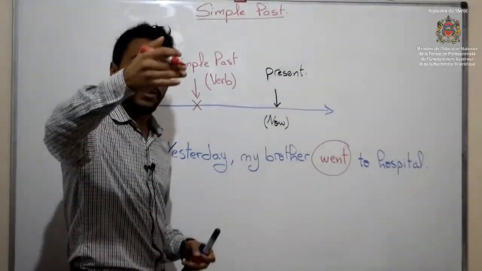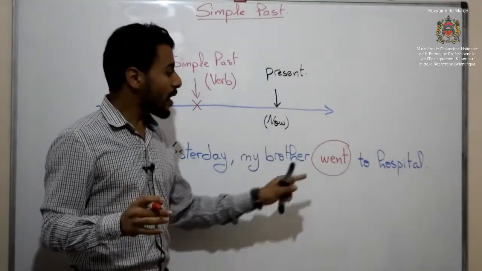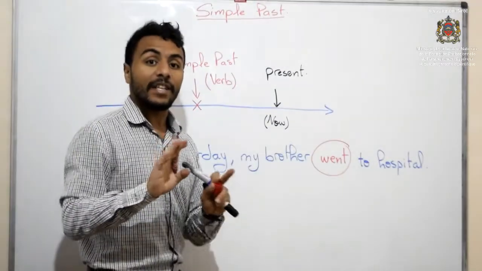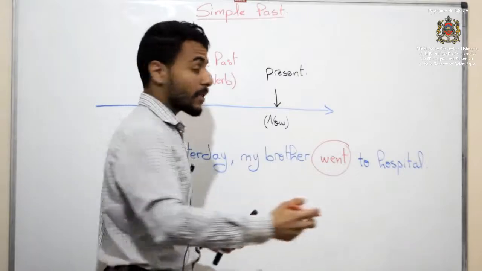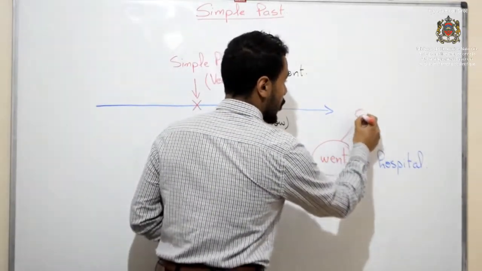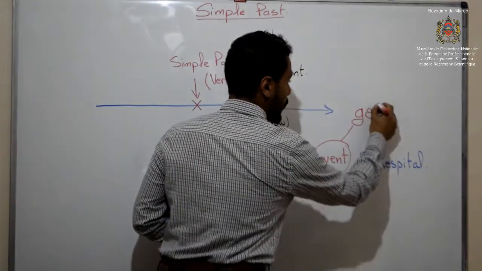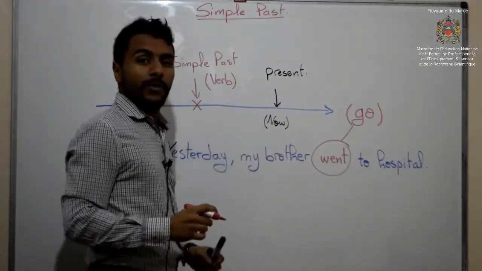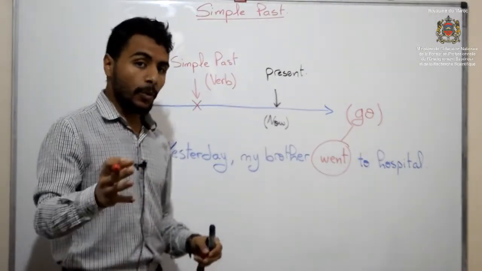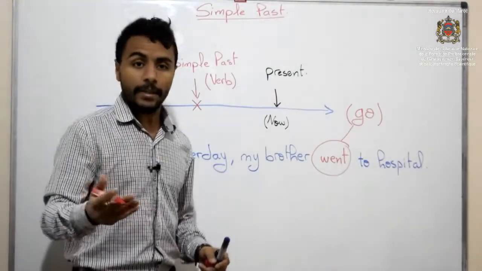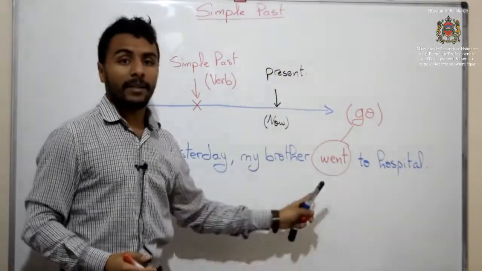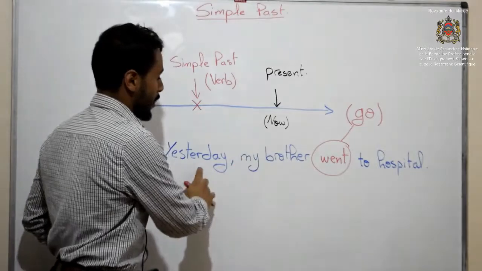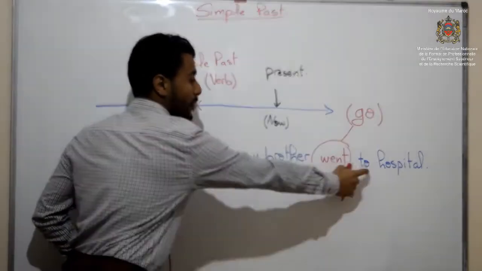But when you go to the list of verbs, you will not find the verb went in its infinitive form like this. Actually, the original verb is go. So what we basically do is we conjugate the verb go in the simple past, because yesterday my brother went to hospital.